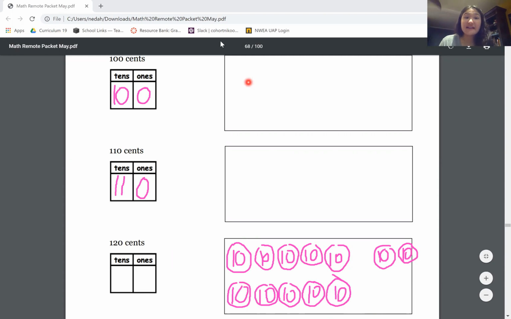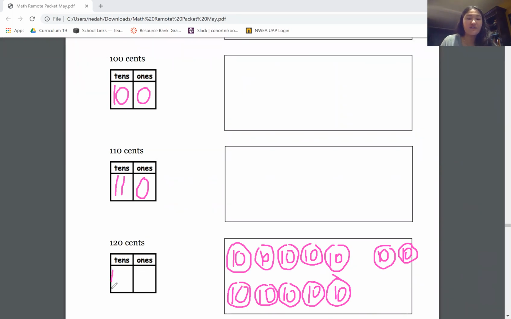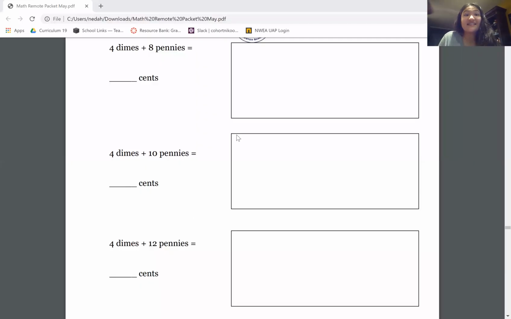That's right, because 12 dimes is the same thing as 12 tens, and 12 tens, 0 ones is also equal to 120. Nice job, scholars.